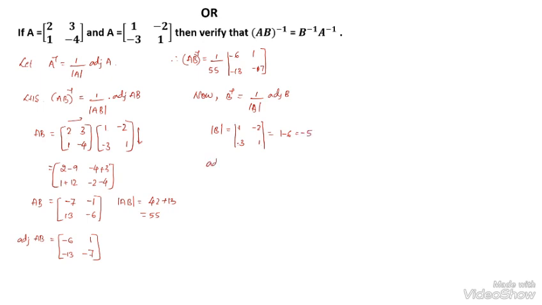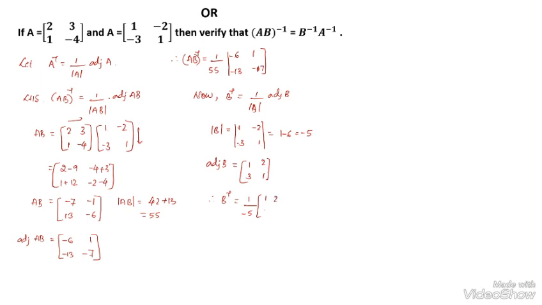Then the adjoint of B is obtained by changing the values and signs. Therefore, B inverse is 1 divided by minus 5 times the matrix 1, 2, 3, 1.